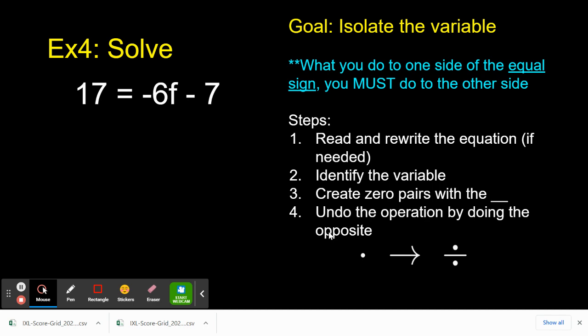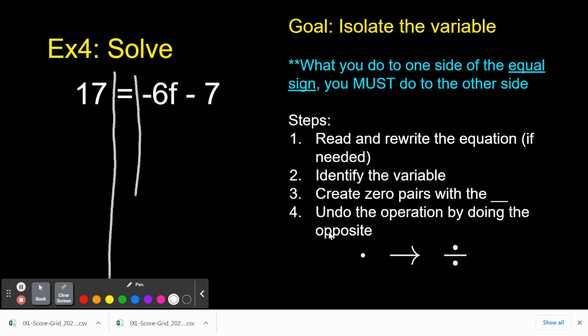The difference here is that you've got a negative coefficient. All right, we're going to do the same process here. Nothing changes. Same steps. Isolate the variable. Identify the variable. This is 17 equals negative 6 times f minus 7. Let's go ahead and change that to adding the opposite.